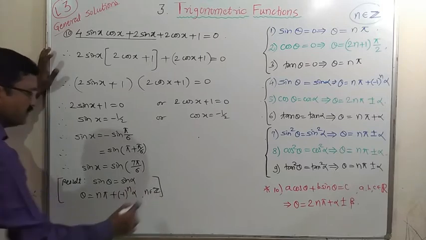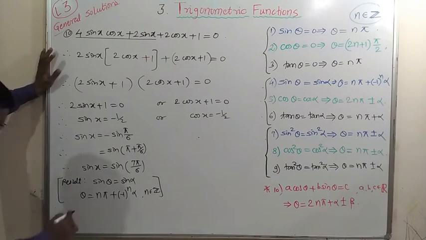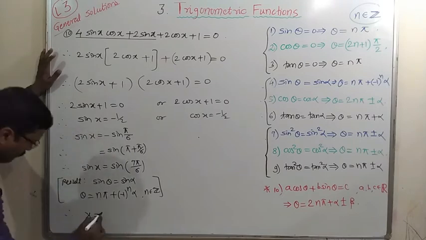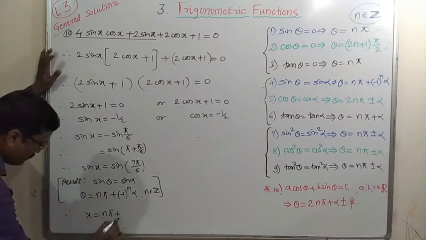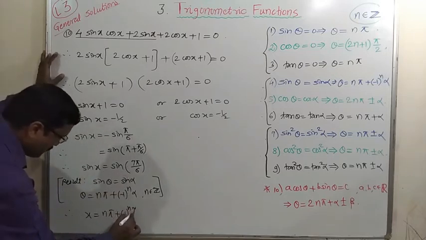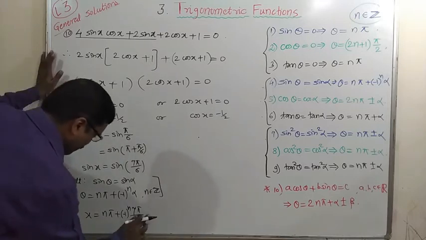This is our result. Therefore, instead of theta we have x, so x equals n pi plus minus 1 raised to n into alpha. Alpha is 7 pi by 6, where n belongs to integers.